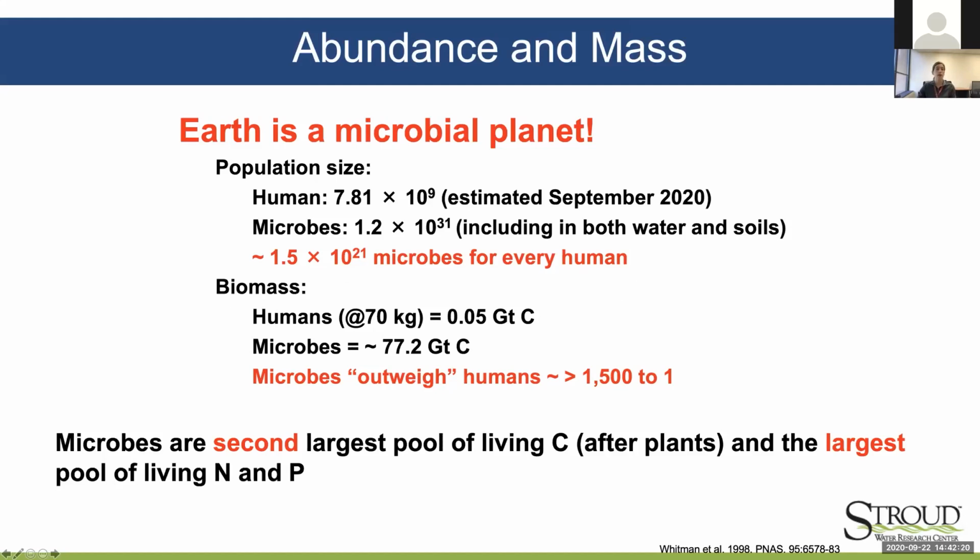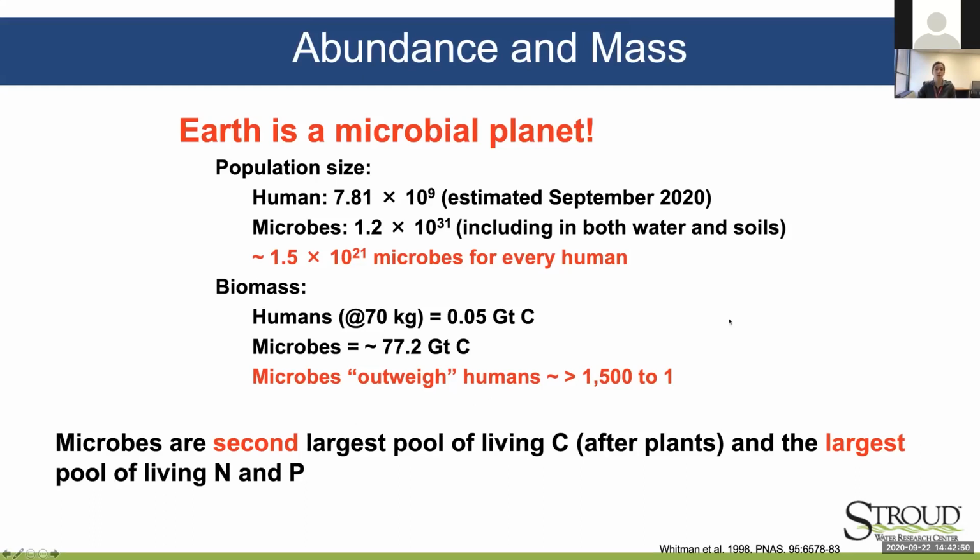And if we think about it in terms of biomass, if we look at humans, an average 70 kilogram human, comprising 0.05 gigatons of carbon as a total human population. If we compare that with the amount of carbon that microbes have incorporated, microbes outweigh humans by more than 1,500 to 1.